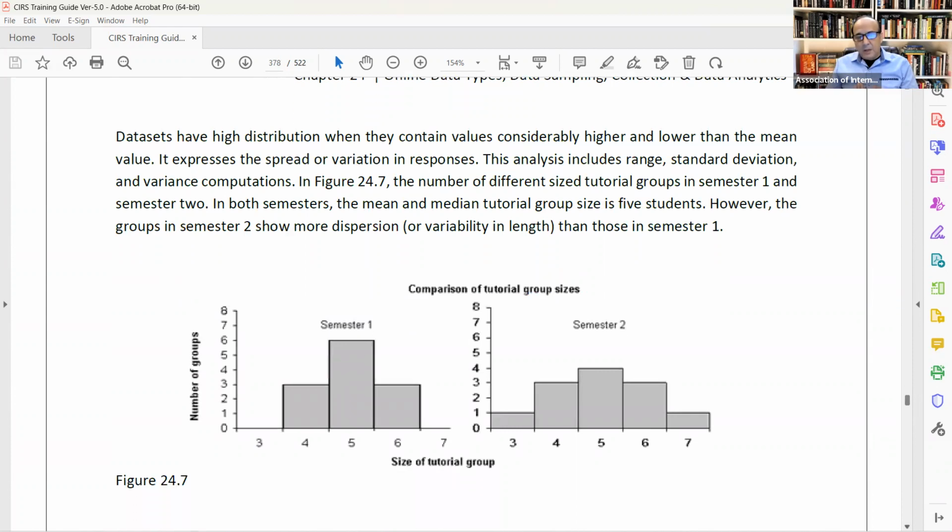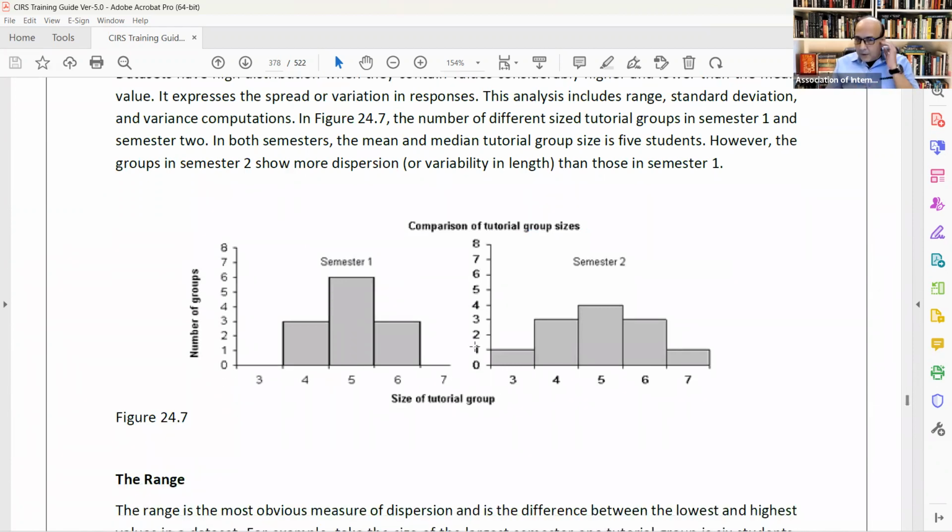Then there is another chart which is showing dispersion. Basically, dispersion is the thickness or concentration or the width or the area covered, that is giving a visual indication of how the data is concentrated or expanded or dispersed.